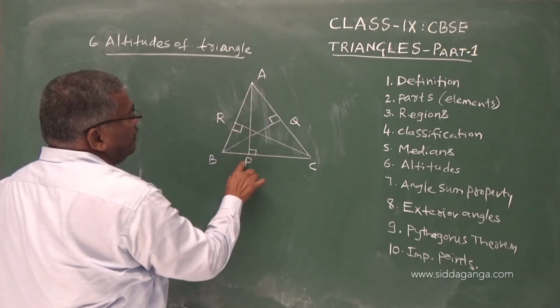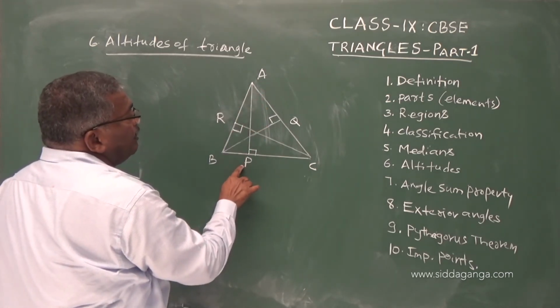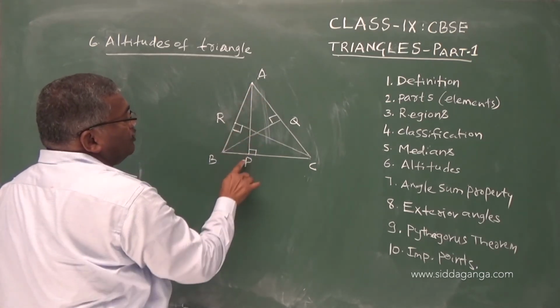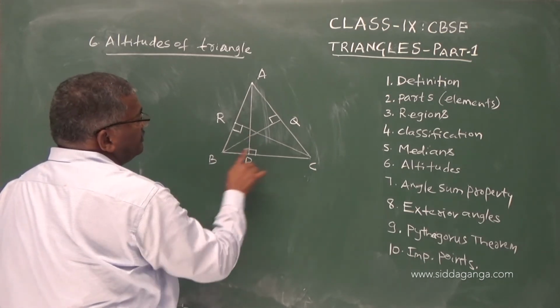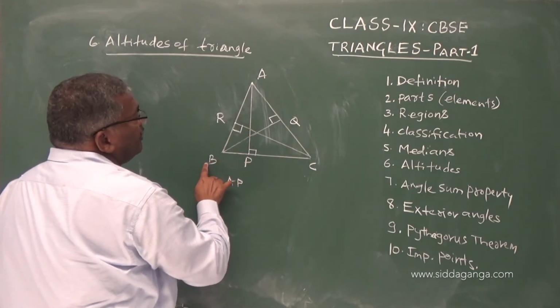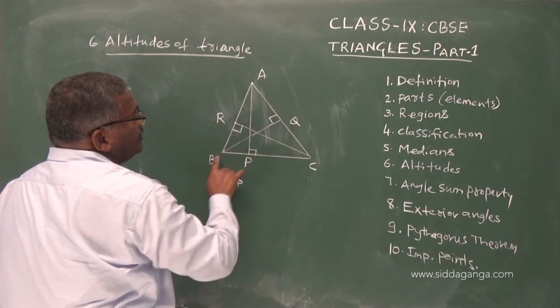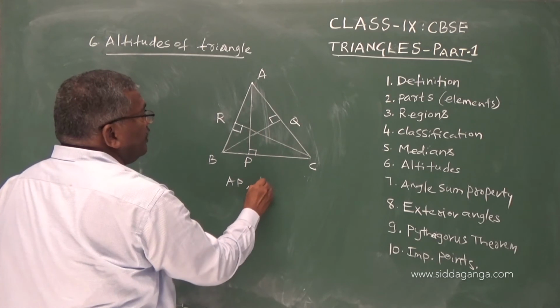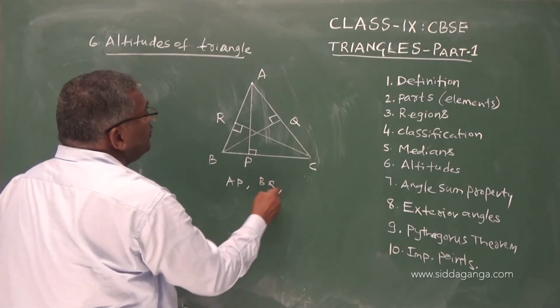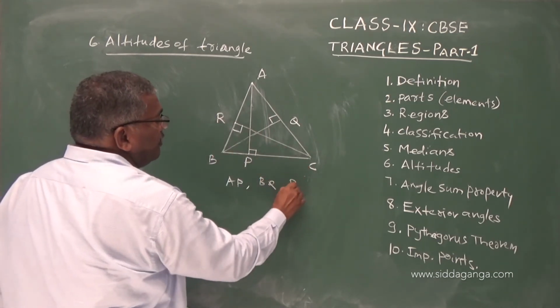This is more important. So AP is the perpendicular drawn from the vertex to the base. BQ is the perpendicular drawn from B to the opposite side AC, and RC.